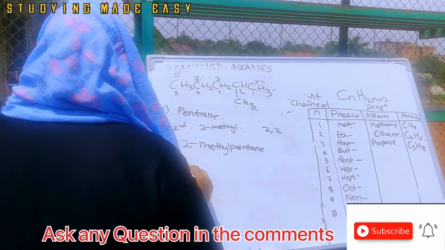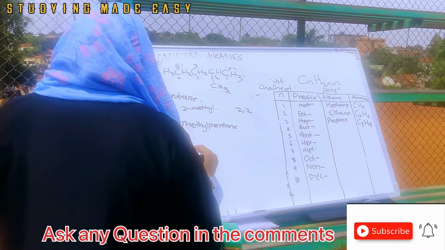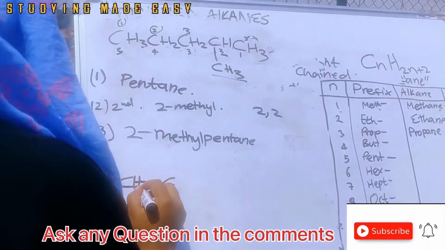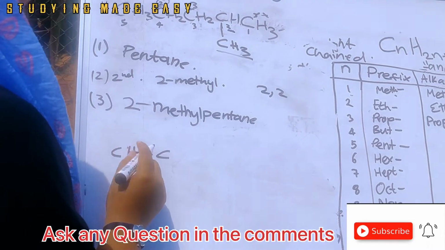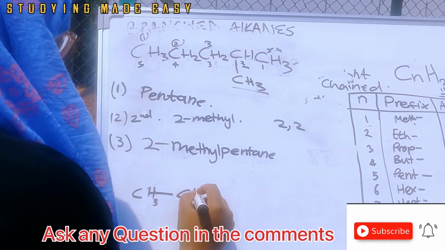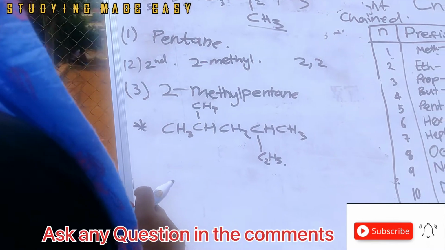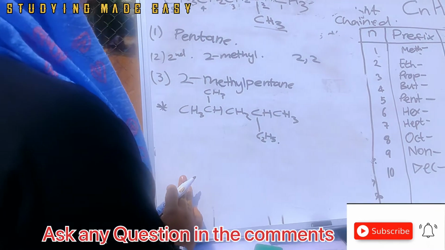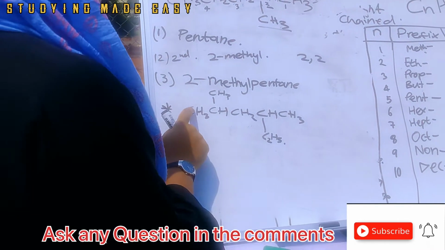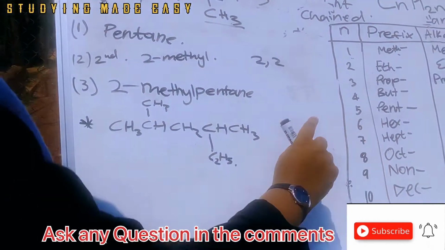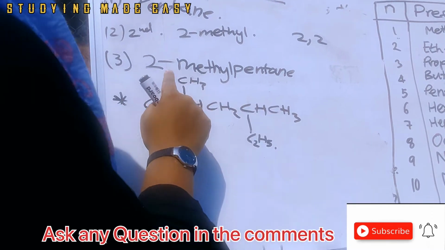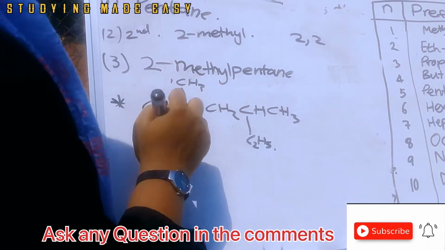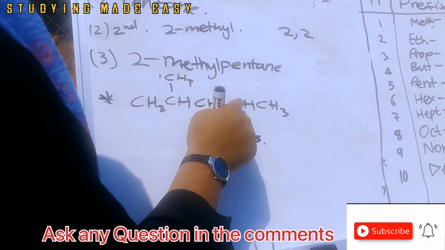Let me give you an example here. CH3, CH3, CH4. We said first thing we need to do is identify the parent chain, right? So we're going to count how many carbons are straight. Alright, so we have 1, 2, 3, 4, 5. If you count starting from number 1 here, it will be 1, 2, 3, 4, 5.